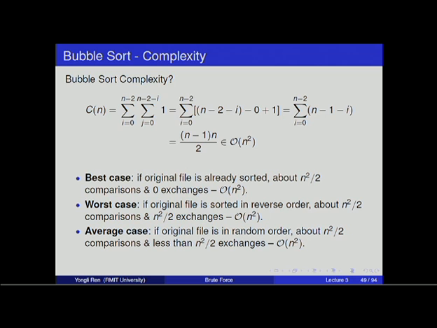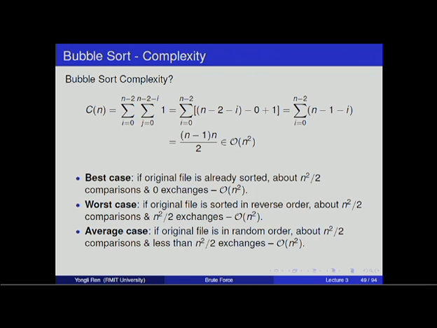but when we check the best case, worst case, and average case, they are different. Selection sort is insensitive to the input, but bubble sort is sensitive to the input. Which means if you give different input, you get a best case if the original file is already sorted. So we get about n squared over 2 comparisons, but we do not do any exchange because it is in order already.